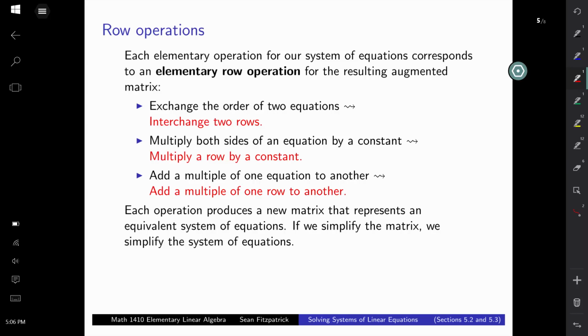So these three row operations, if we want to refer to them by type, this is often called a type 1, this is often called a type 2, and this is often called a type 3 row operation. With these three types of row operations, we can reduce any augmented matrix to a simplified form where we can read off the answer to our system.